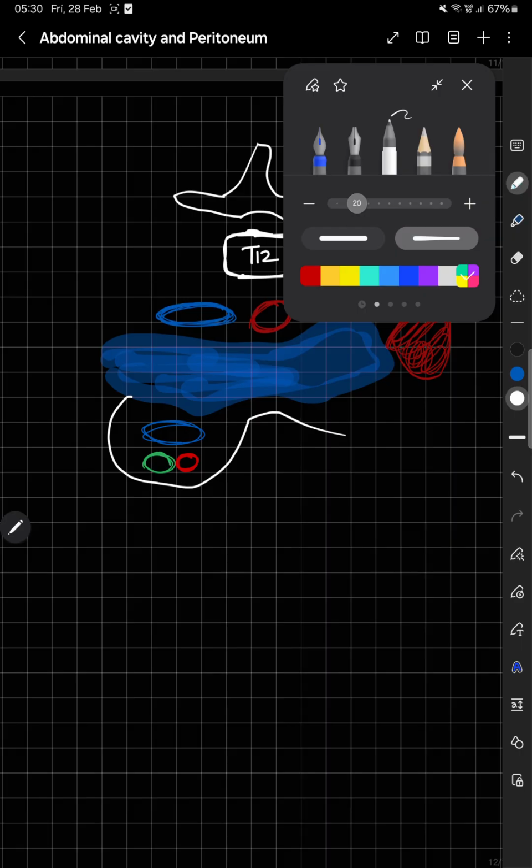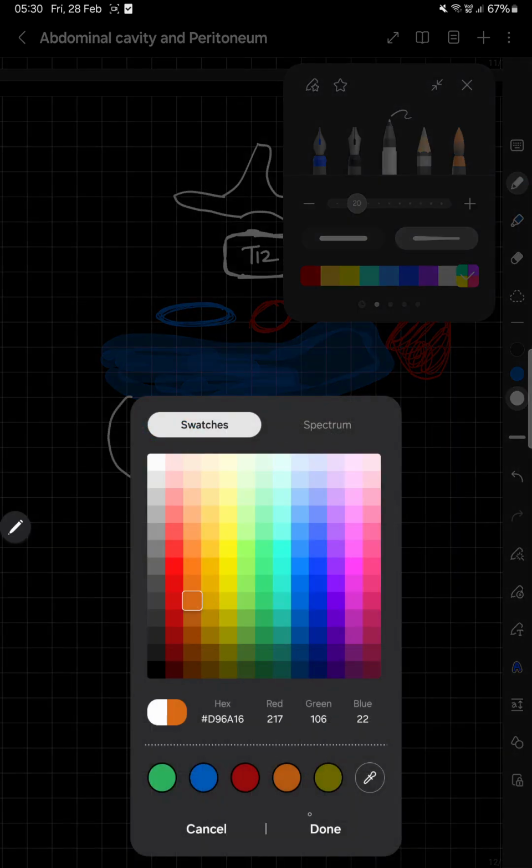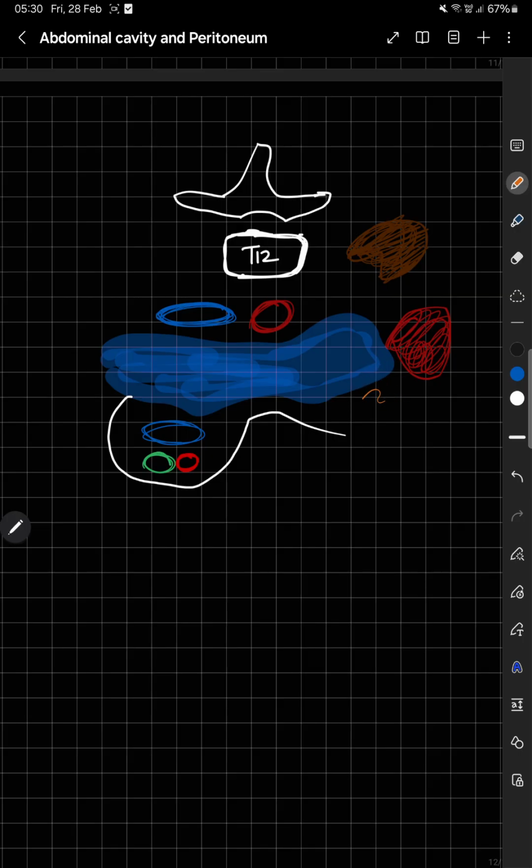We have the stomach somewhere over here. The stomach is basically present on the left side. So this is all about the left side, and this is all about the right side. And then it just comes all the way like this, covers the spleen, and goes into the kidney like this.